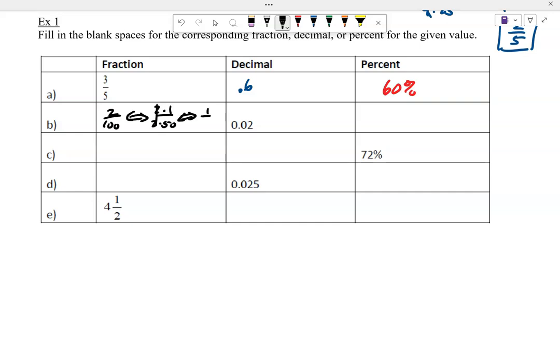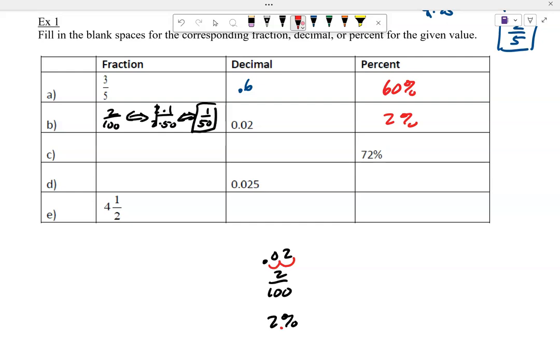So 1/50th is the same as 2/100ths, right? And 0.02 is 2/100ths. In other words, 2%. Or if you want to think about just moving the decimal over two positions, that'll give you that percent there, 2%. That decimal right to parts per 100.